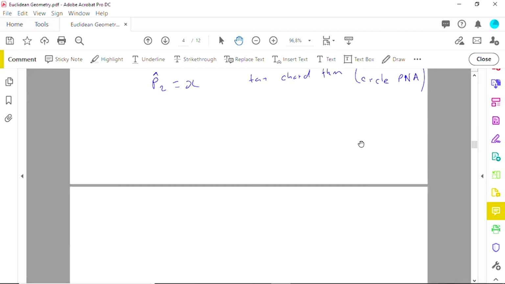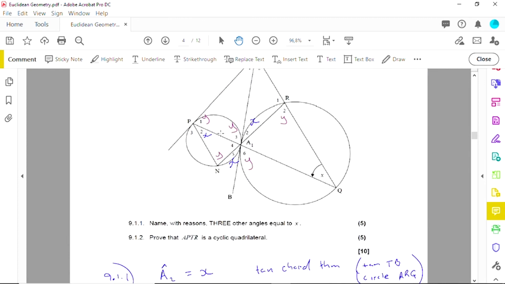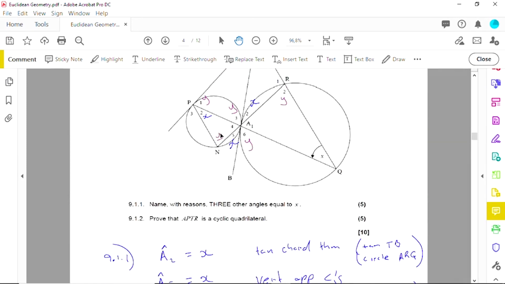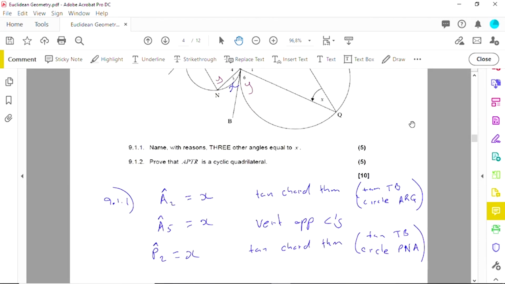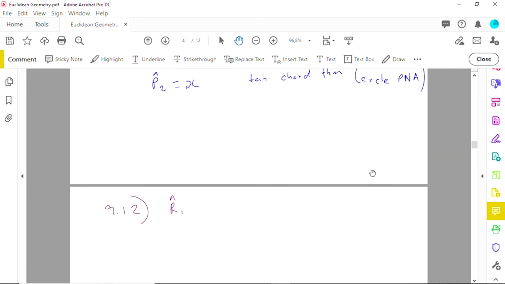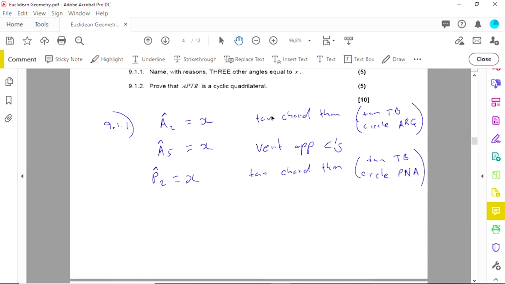For number 9.1.2, we said R1 is equal to A6. Angle R2 is equal to angle A6, and that was because of tan chord theorem. So we'll just write tan chord theorem.